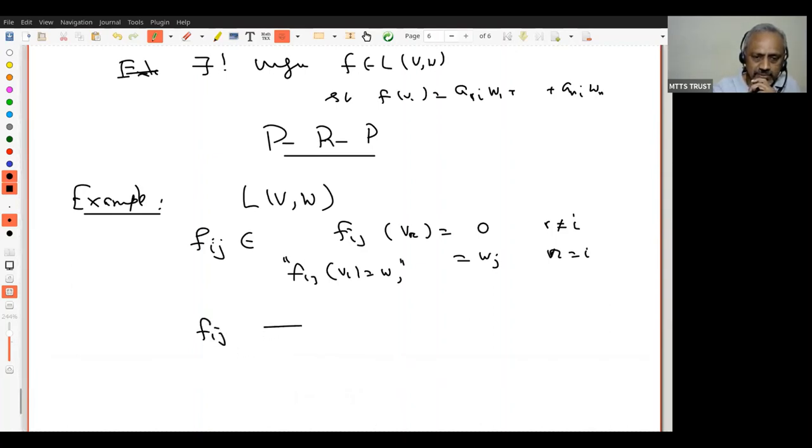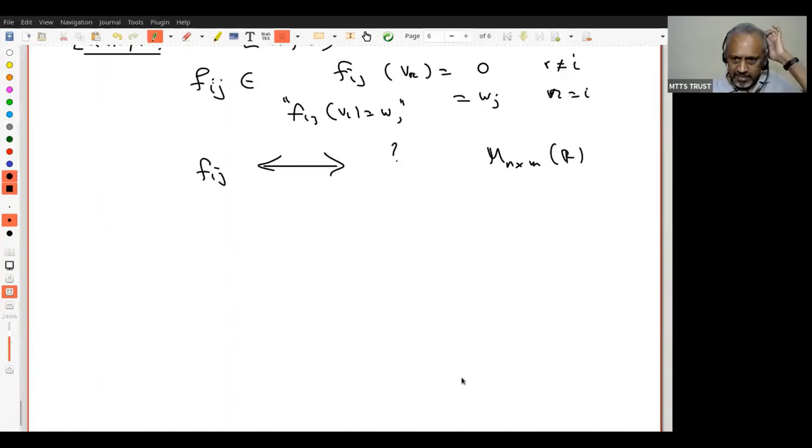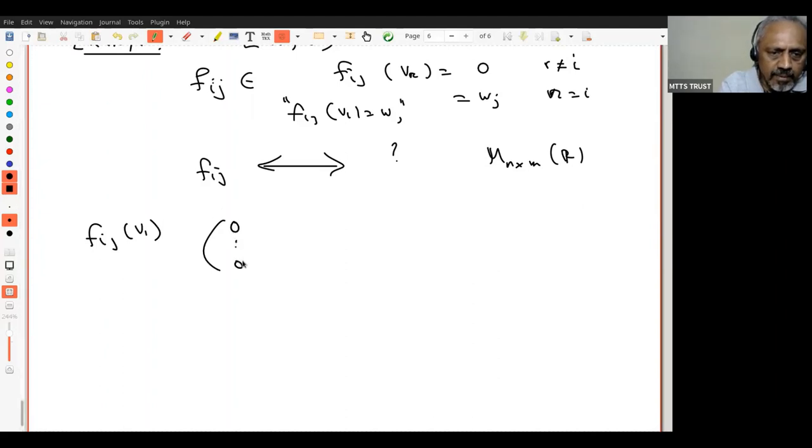So this Fij should correspond to some matrix. What is this matrix? Naturally, this collection of such matrices will form a basis, right? Okay. Again, we can immediately write it. So Fij of V1 will be 0, right?